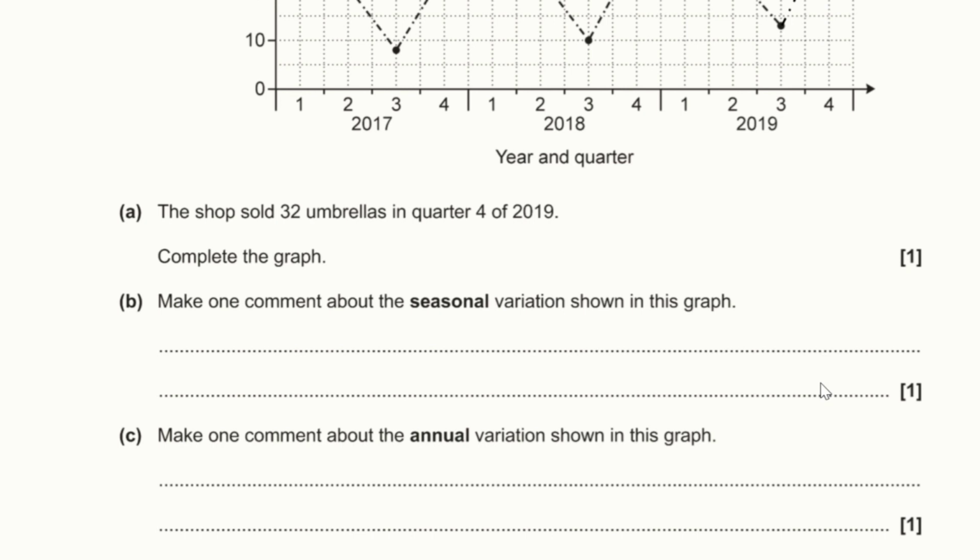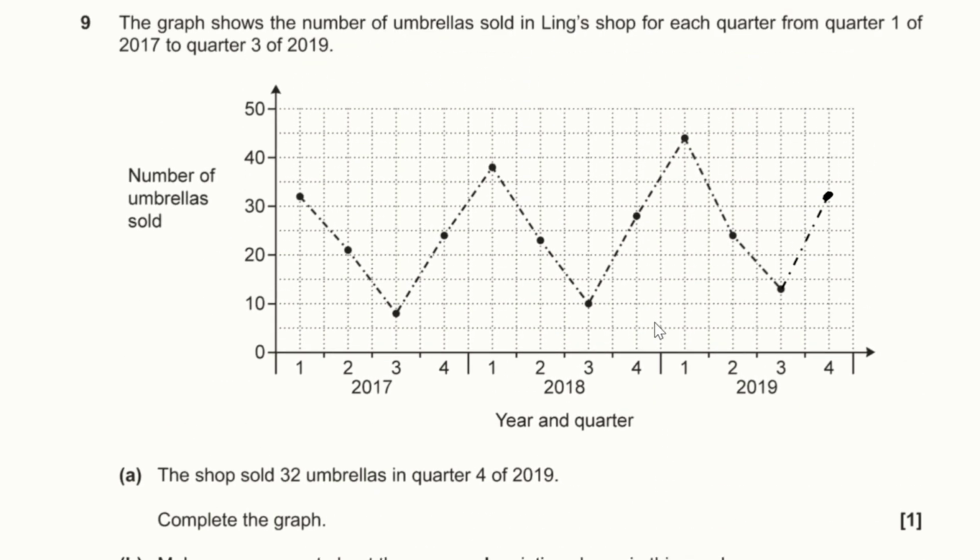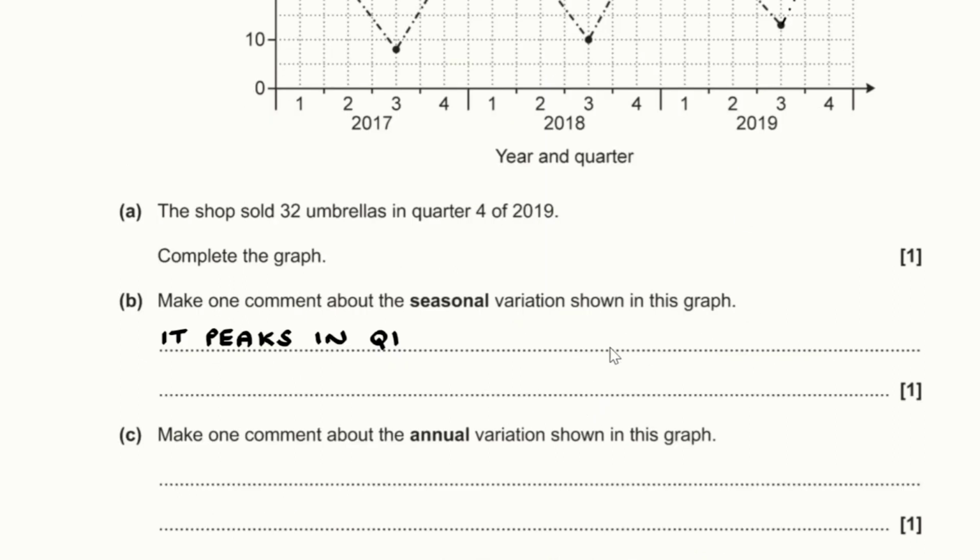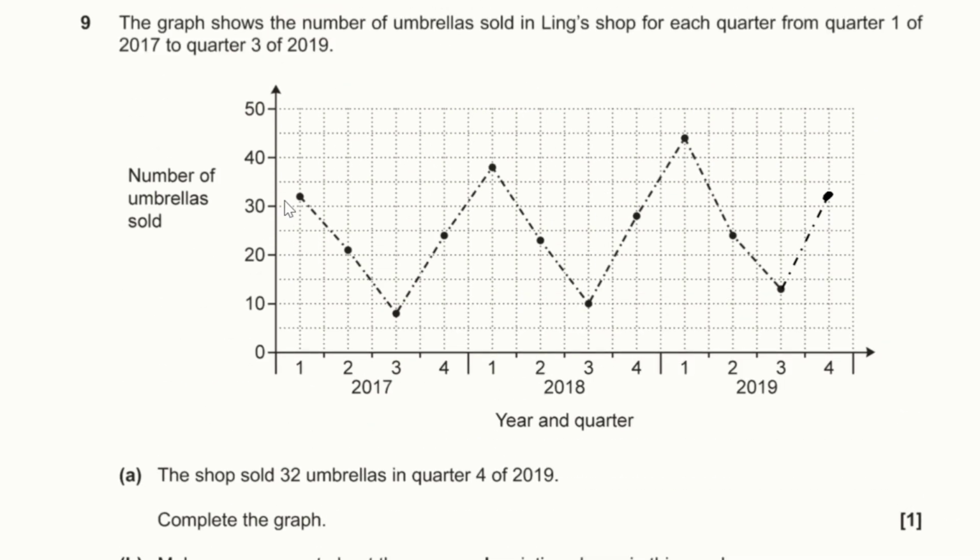And for part B, we have to make one comment about the seasonal variation shown in this graph. Well, if we take a look at the seasonal variation, you can see it peaks in quarter 1, and that's what we see here. Quarter 1 in each season is always highest.